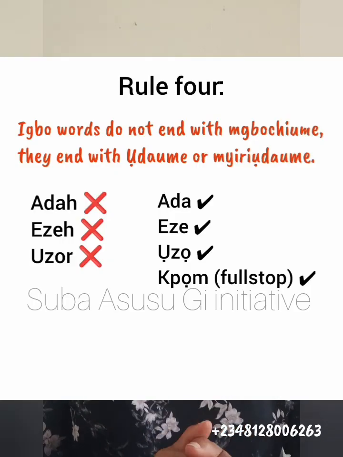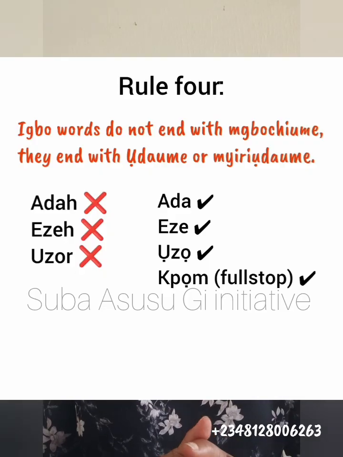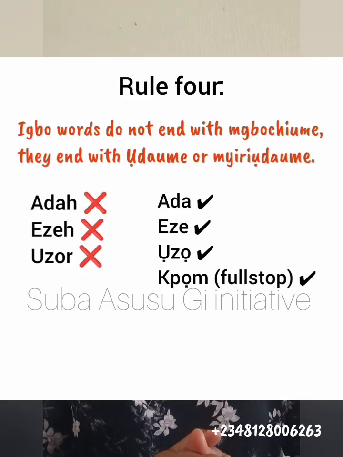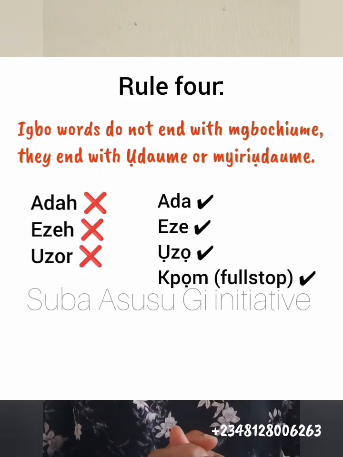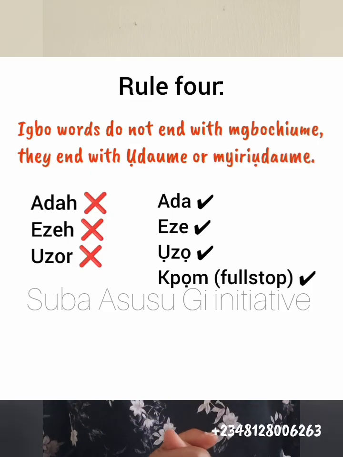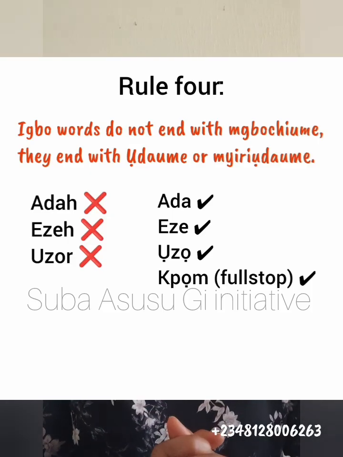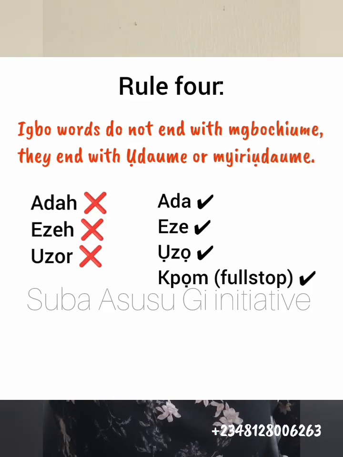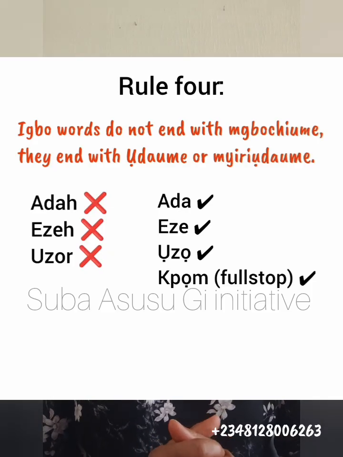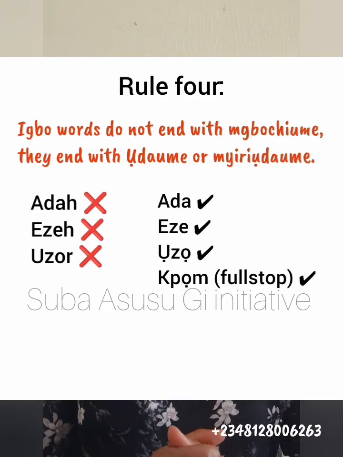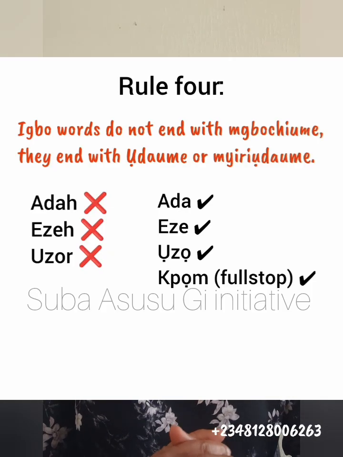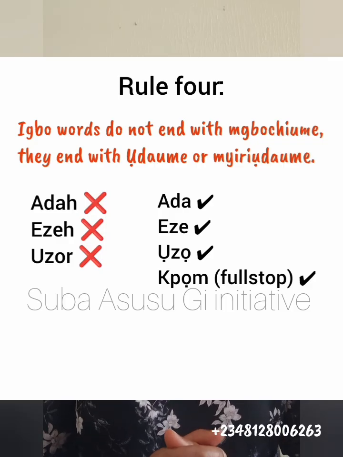The fourth rule of spelling Igbo words says that, it's on your screen, Igbo words do not end with mbochume consonants. Igbo words do not end with mbochume. Igbo words must end with udaume vowels. Udaume vowels or pseudo vowels.